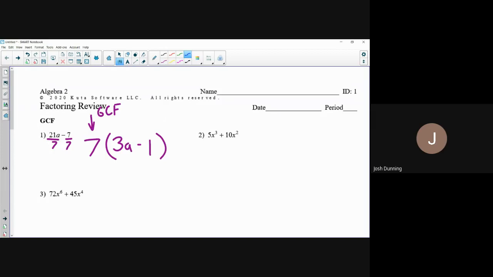So you have to go for the lowest variable if there is an x in your GCF. So like I said, you can divide by 5. Lowest x power is 2. So 5x squared is your GCF.